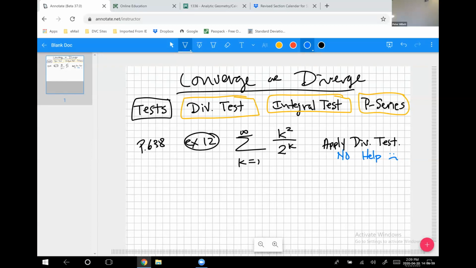Jack thinks it converges. Converges because monotonic.